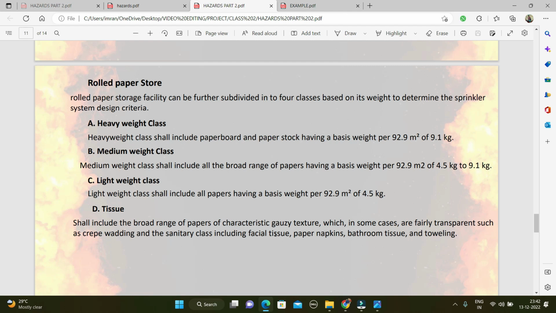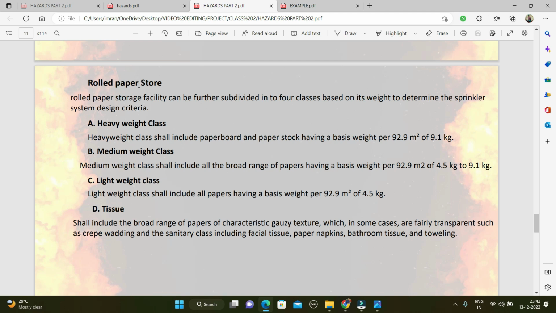But if we are going to design an industry where roll paper is manufactured, then we will design that area as per roll paper store criteria.